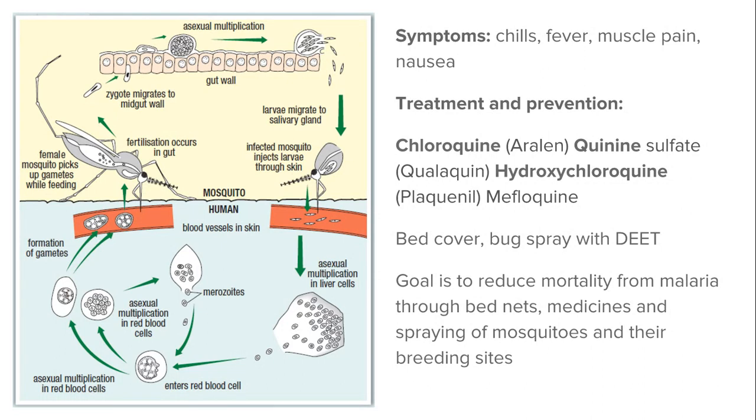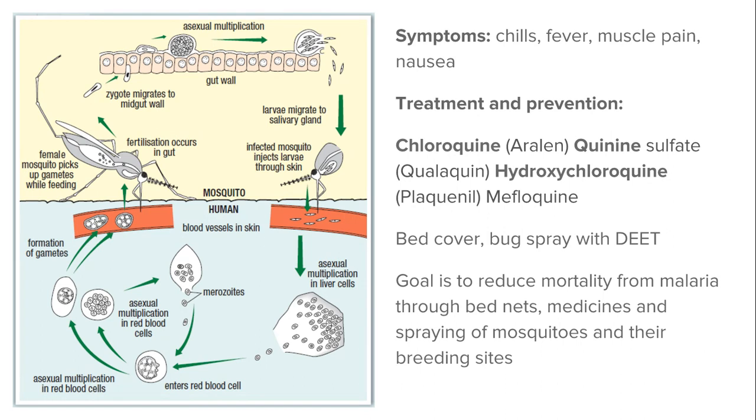The larvae migrate to the salivary gland, which then injects these larvae into the human when the mosquito feeds. We see asexual multiplication in liver cells, it enters the red blood cells, and we can see here that it does take over the red blood cells. And this can produce symptoms such as chills, fever, muscle pains, and nausea.